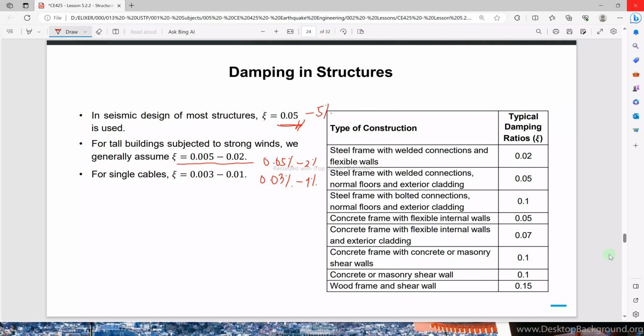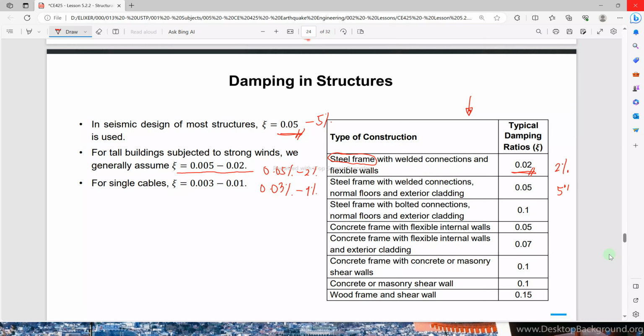Here on the other side, we have our general or typical damping ratios. A flexible steel frame, which is more flexible than concrete, has a damping ratio of 2%. A steel frame with dual tunnels has 5%. Eventually it increases: a concrete frame with concrete or masonry shear walls has 10%.